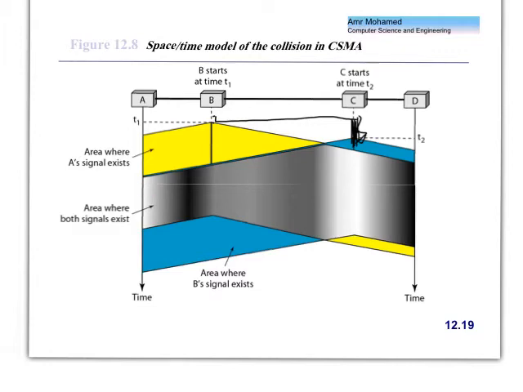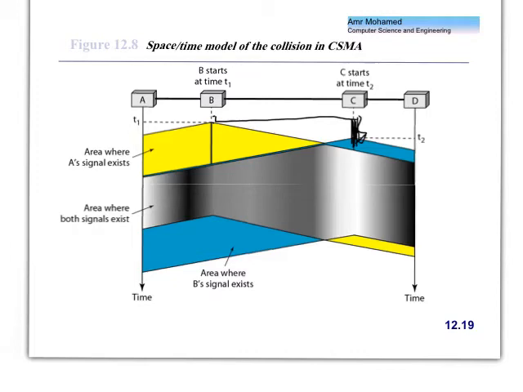Here, no collision, because the transmission of B has already finished at this point. So that's a very interesting scenario that shows us the space and the time. And we should be able to know at any time here or at any location what's going on.